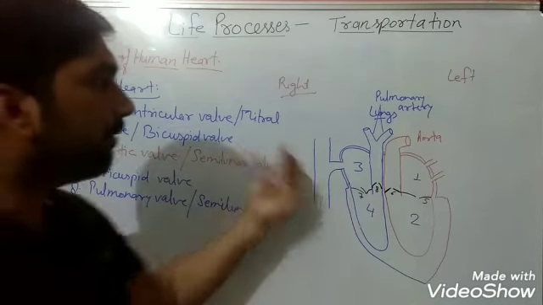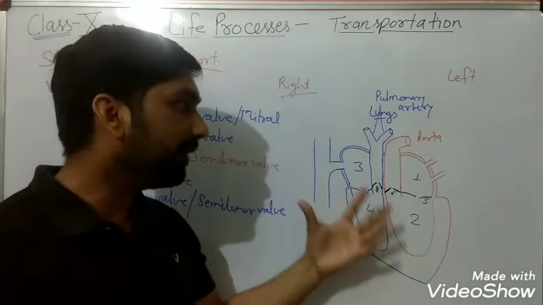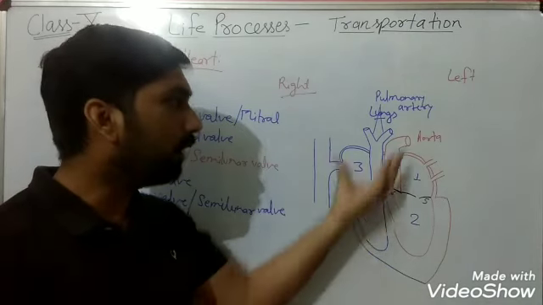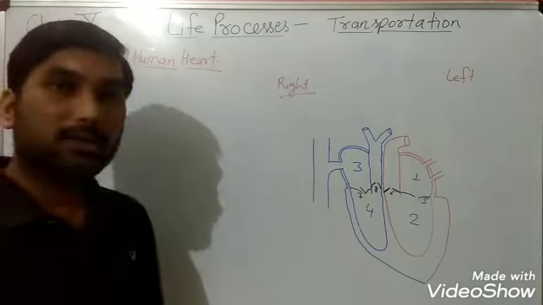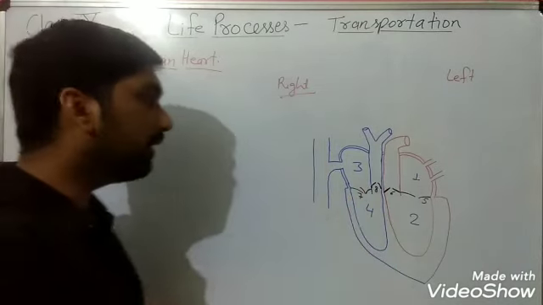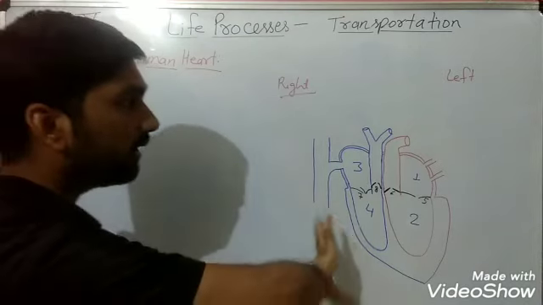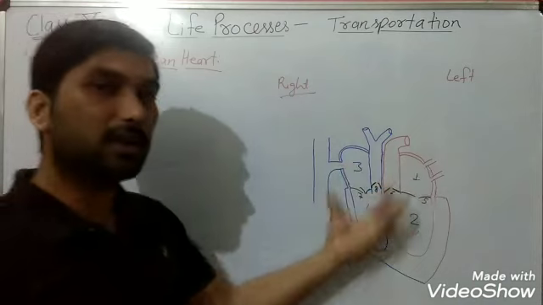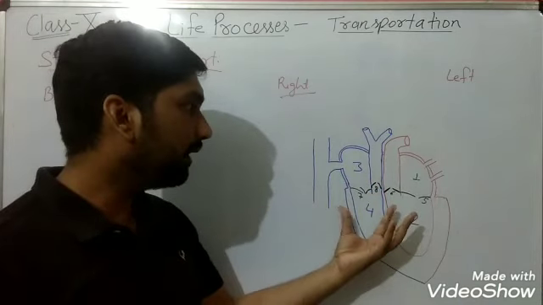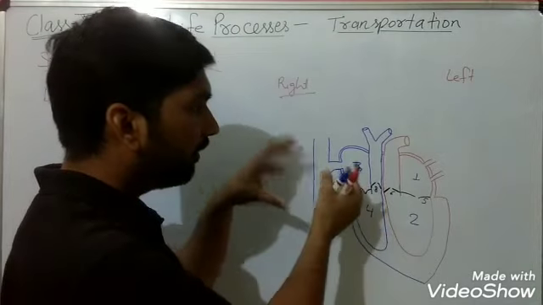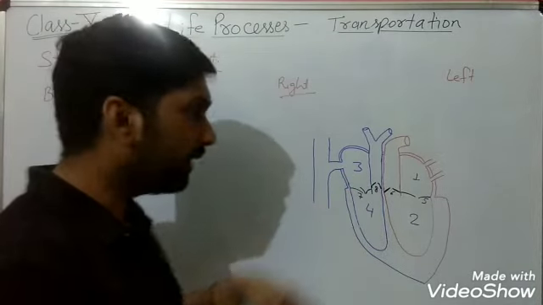Now we will discuss the blood vessels which enter the heart and leave the heart. So basically, if four chambers are present, it means four blood vessels will be present across the chambers.